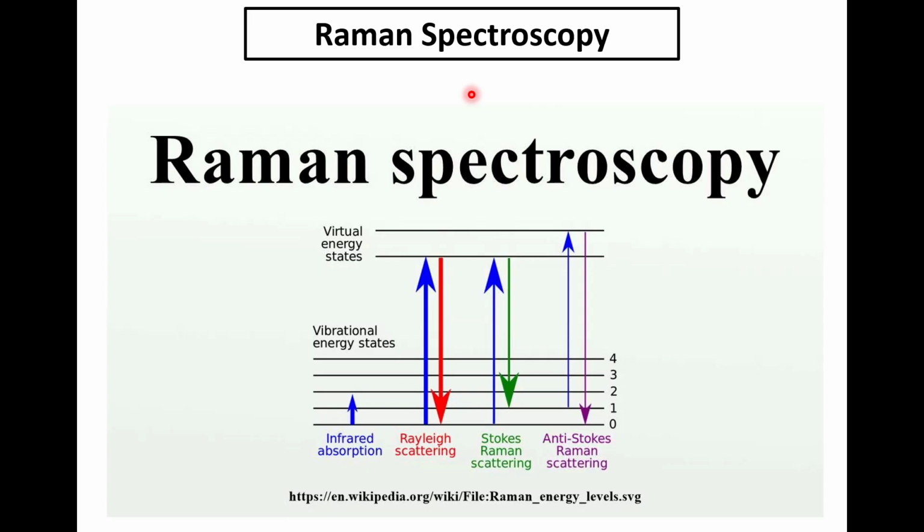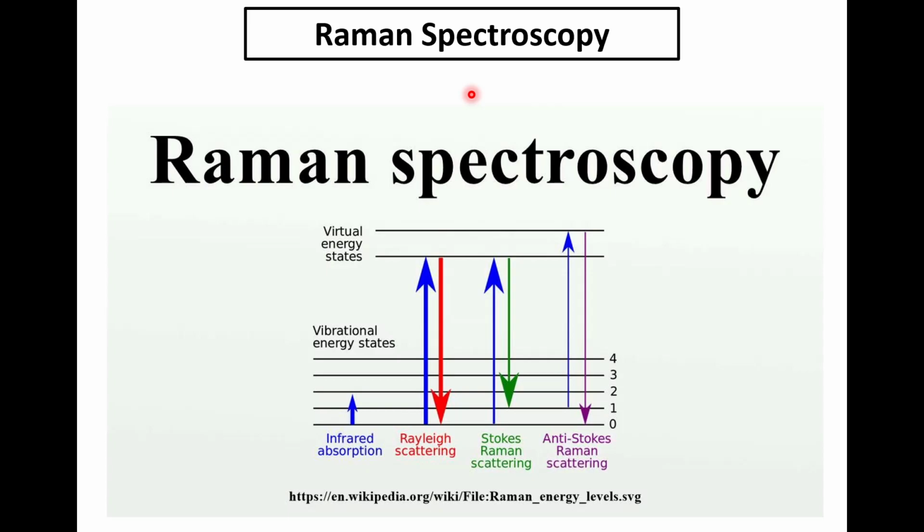There is the concept of vibrational energy states here as well. Raman spectroscopy is based on the phenomenon of Raman scattering, for which Dr. C.V. Raman also got the Nobel Prize. So what is this Raman scattering? It is an inelastic scattering that has to happen for Raman scattering to occur.